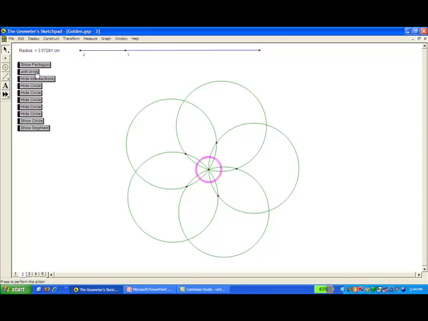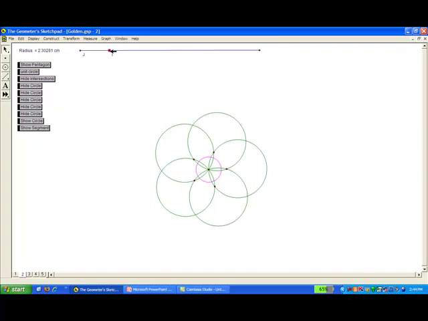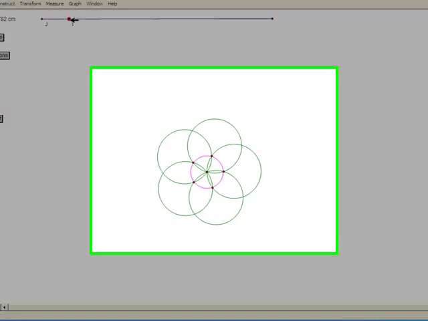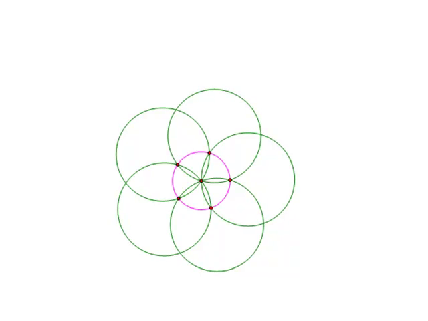We find that those points of intersection touch the unit circle, found here in pink, when the radii of the surrounding circles are equal to the golden ratio. This beautiful pentagon formed here, and the radius is equal to the golden ratio.